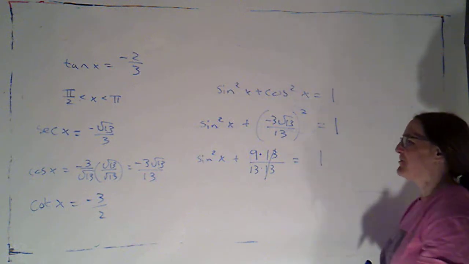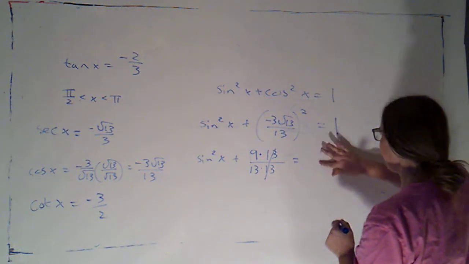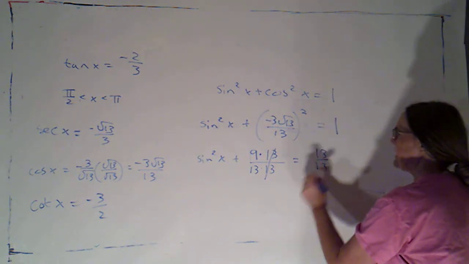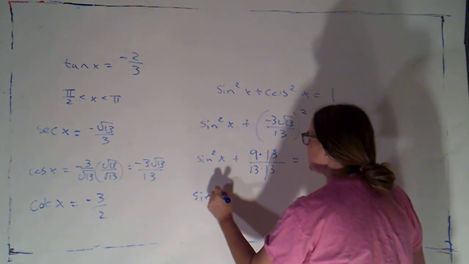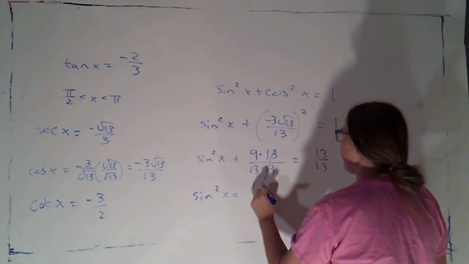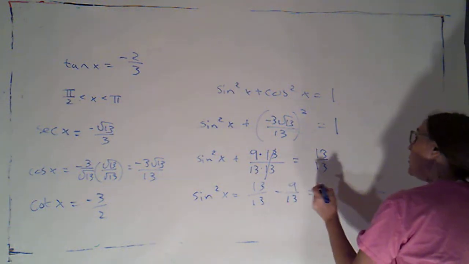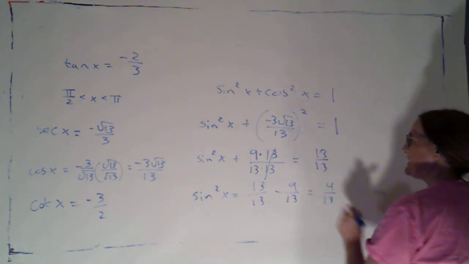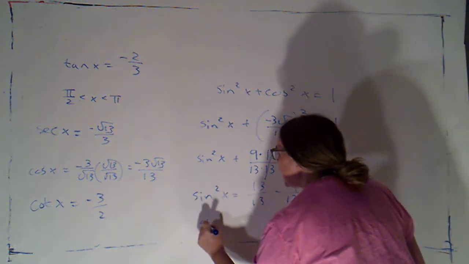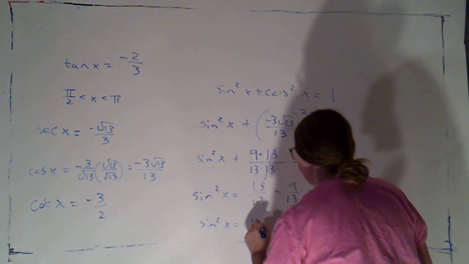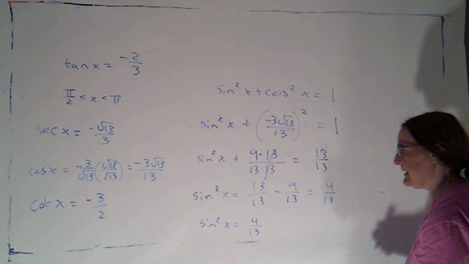And that's going to equal 1. Now I think I'm going to write that 1 as 13/13, because then I can say sine squared of x is equal to 13/13 minus 9/13, which would be 4/13. So sine squared of x is 4 over 13.